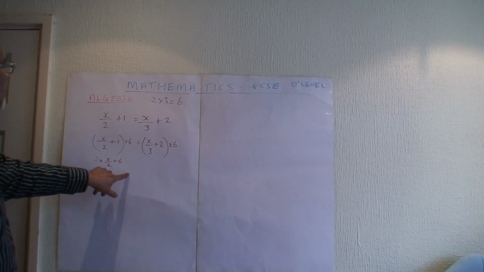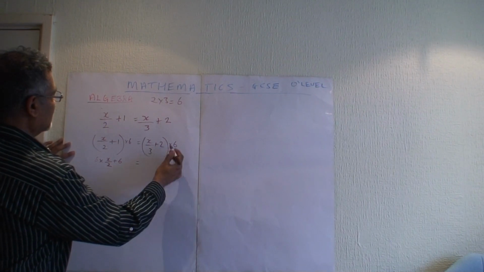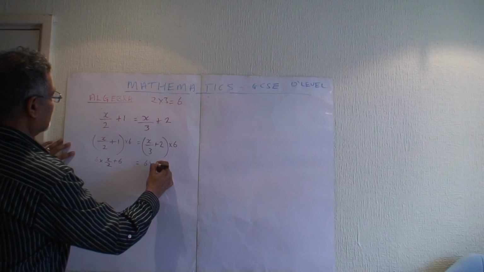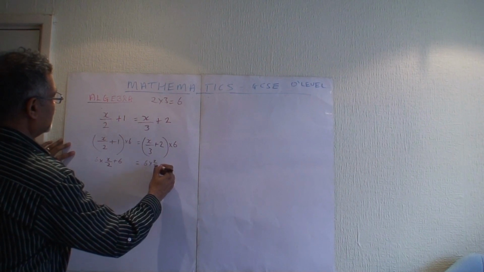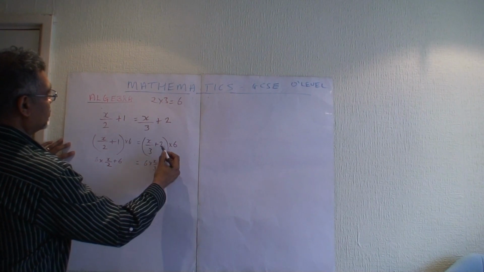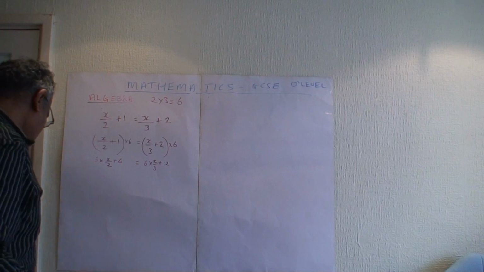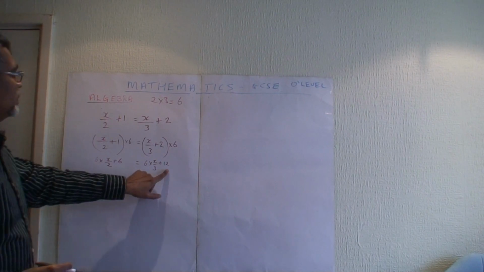That's equal to the 6 multiplied by x over 3, plus 6 by 2 is 12. So you see how that happens there.